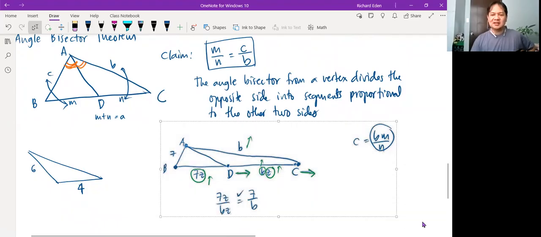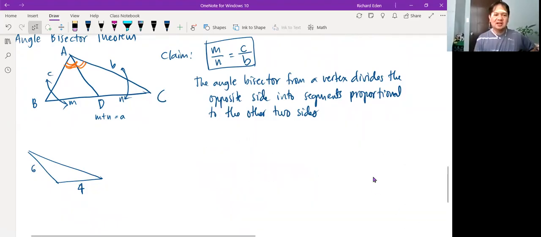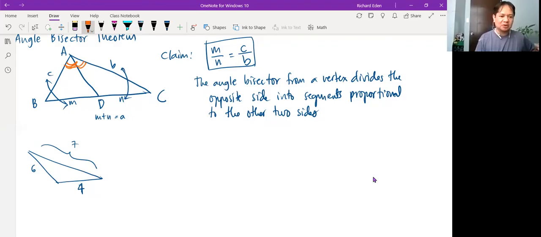All right. Okay. So what we're saying is that 6 is to 4, and if this is let's say 7 units, and then if we draw the angle bisector, because 6 is to 4 as 3 is to 2, then the opposite side would have its individual segments labeled as 3x and 2x.